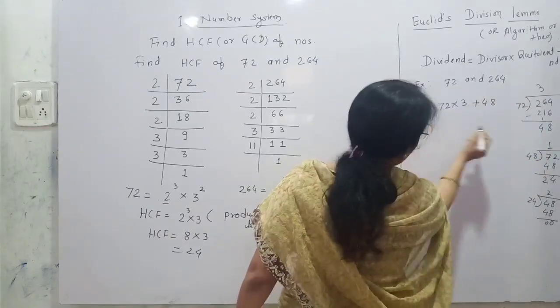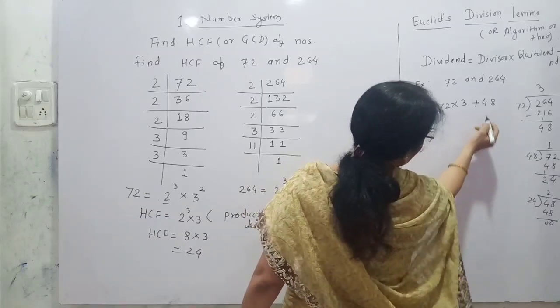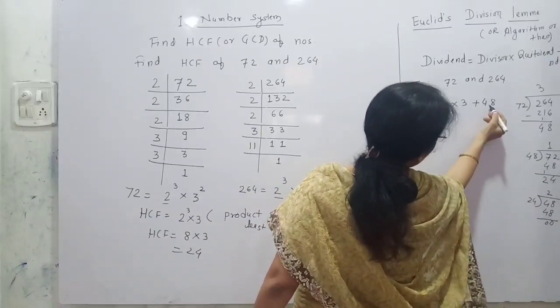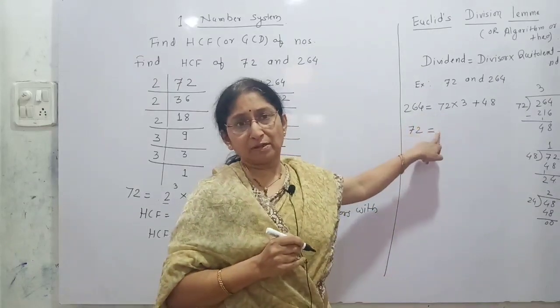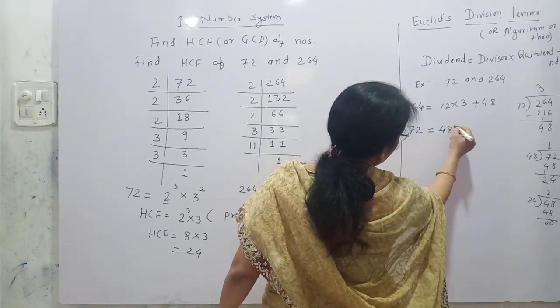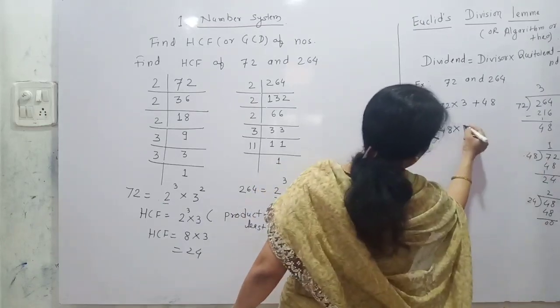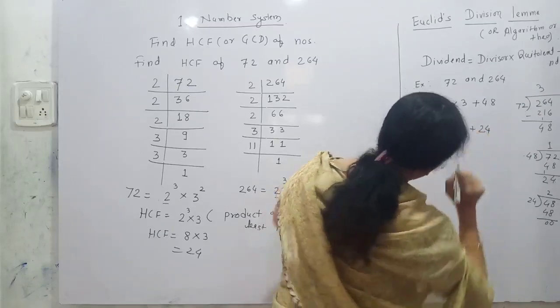Second step: now 72 is equal to, here the remainder is 48. In the second stage the remainder will become the divisor, meaning here the divisor is 48, 48 into 1 and the remainder is 24.